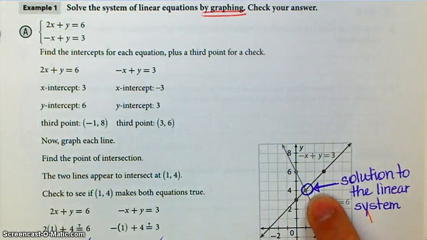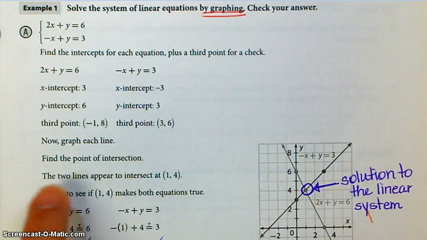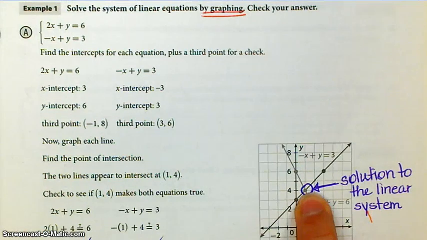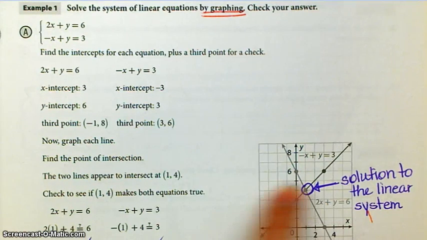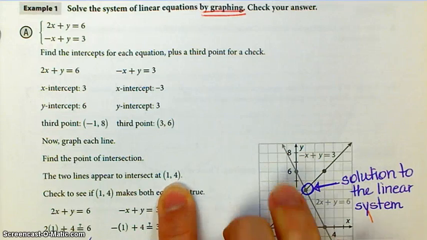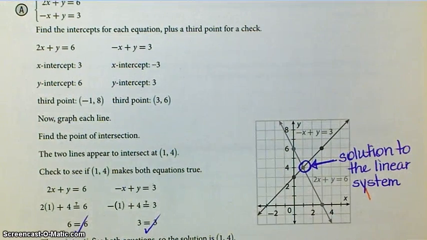The solution to this system is where the lines cross. So it says graph the line, did that for you. Find the point of intersection, which is right there. And if you read the graph, that's 1, 4. So the two lines appear to intersect at 1, 4. Let's check to see if that is in fact the solution.